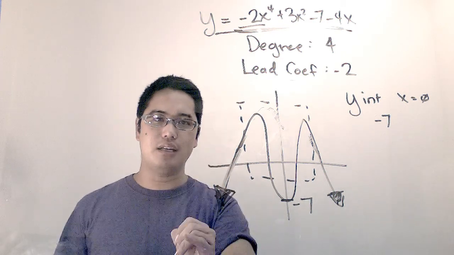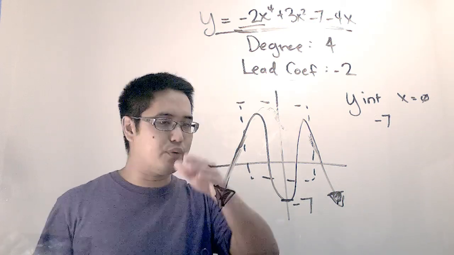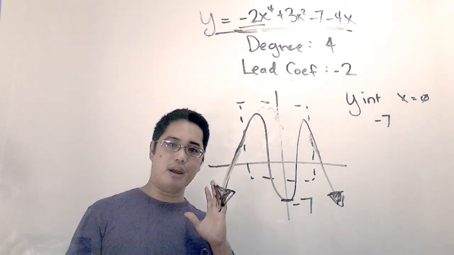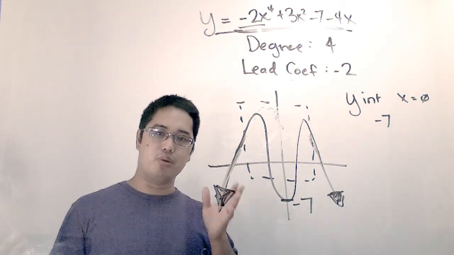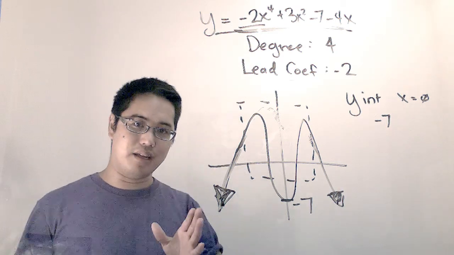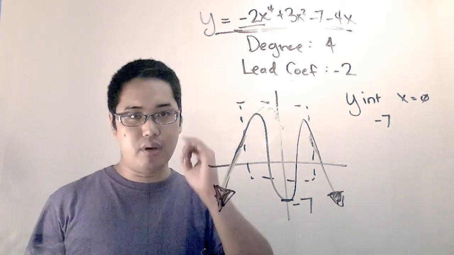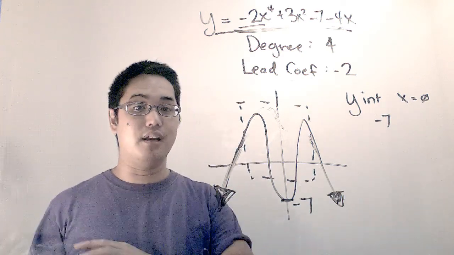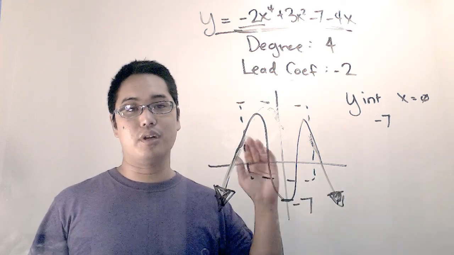Because here's the key: when you use a graphing calculator or when you graph it by hand, you want to be able to step back and say, did the graph I got line up with what I thought it might look like? I guarantee you that there will be a time when you graph something on the graphing calculator and it looks nothing like what you thought it might look like.